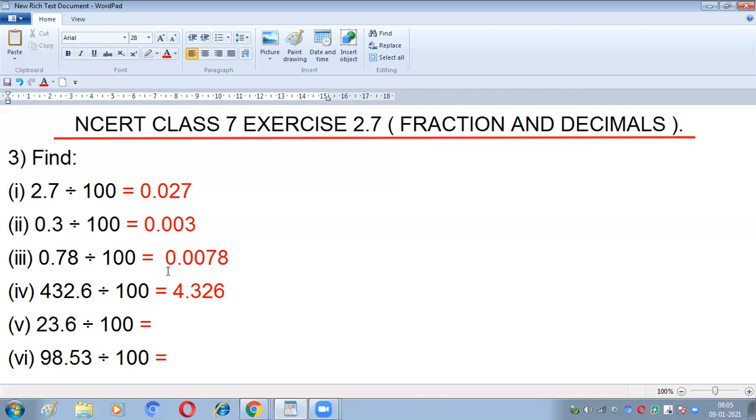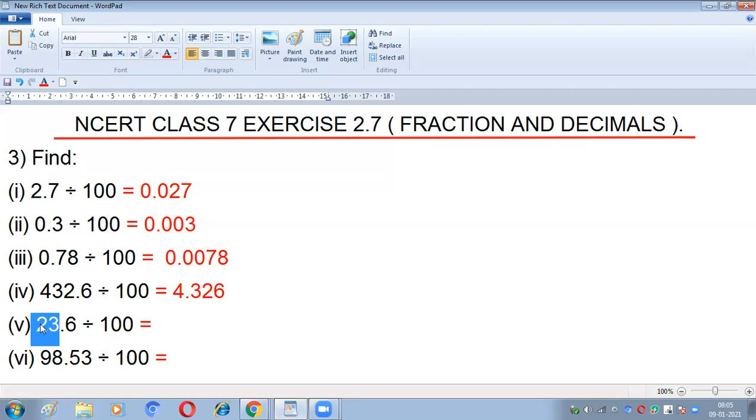Let's move to the fifth bit. Friends, the fifth bit is 23.6 divided by 100. 100 has two zeros, so we will shift the decimal point by two digits from the left-hand side. Here are two digits, that is 23.